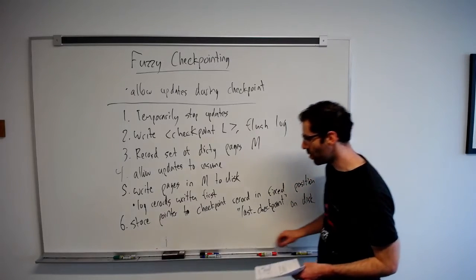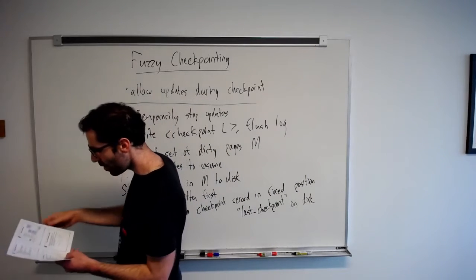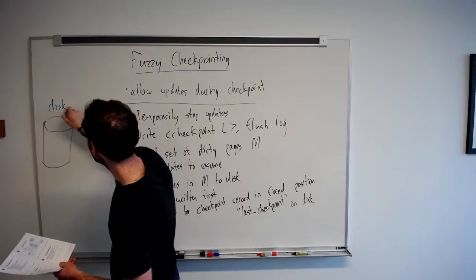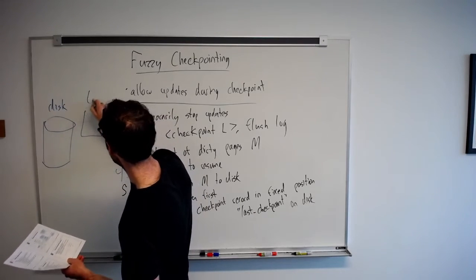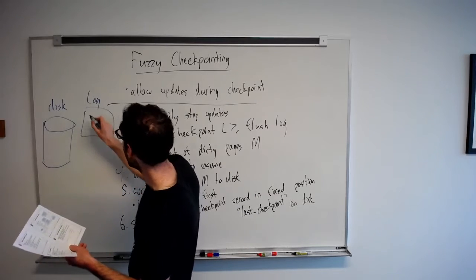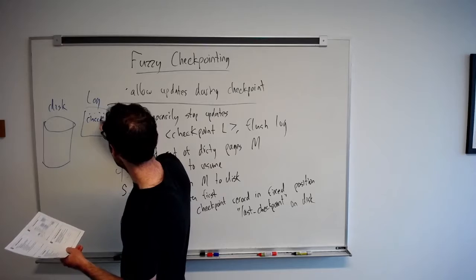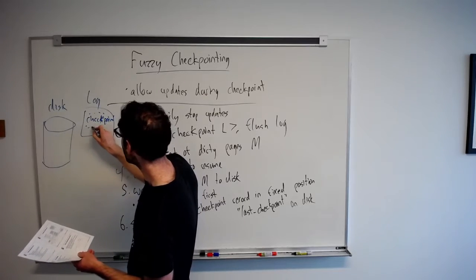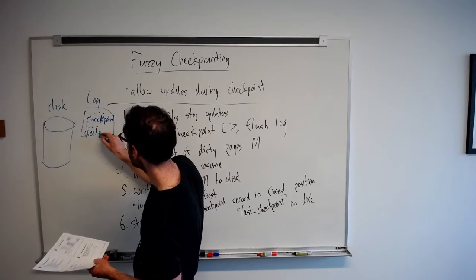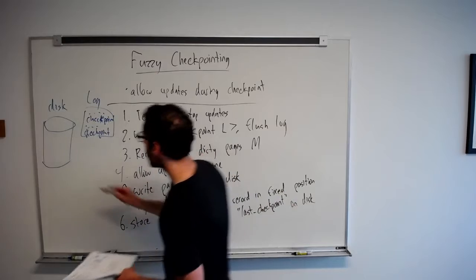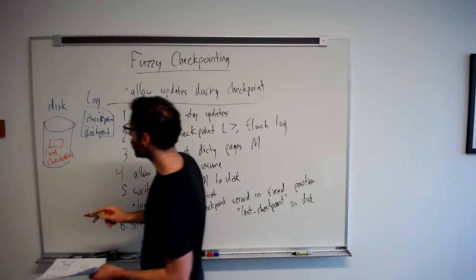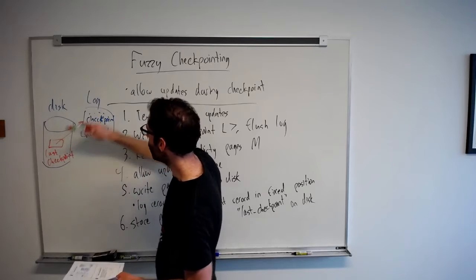And so what this will look like is we have our disk here, and we also have our log, which is also on disk and in memory, but our log has some log records, a checkpoint, some more log records, another checkpoint, and we have this last checkpoint pointer that is pointing to the last checkpoint.